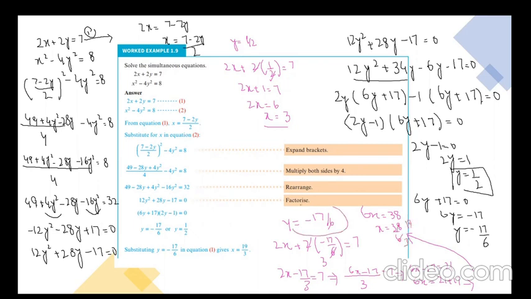So when y equals to minus 17 by 6, x equals to 19 by 3, and when y equals to 1 by 2, x equals to 3. So the coordinates are 3 comma half, and the second one is 19 by 3 comma minus 17 by 6. So these are the two points of intersection.